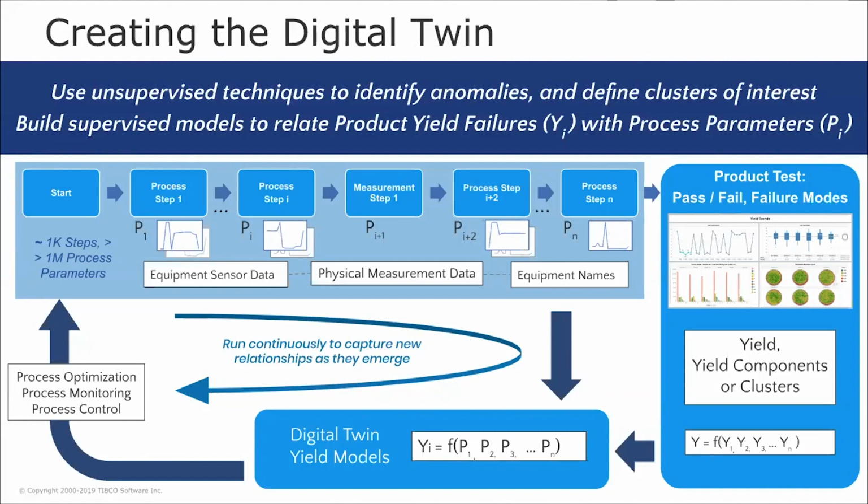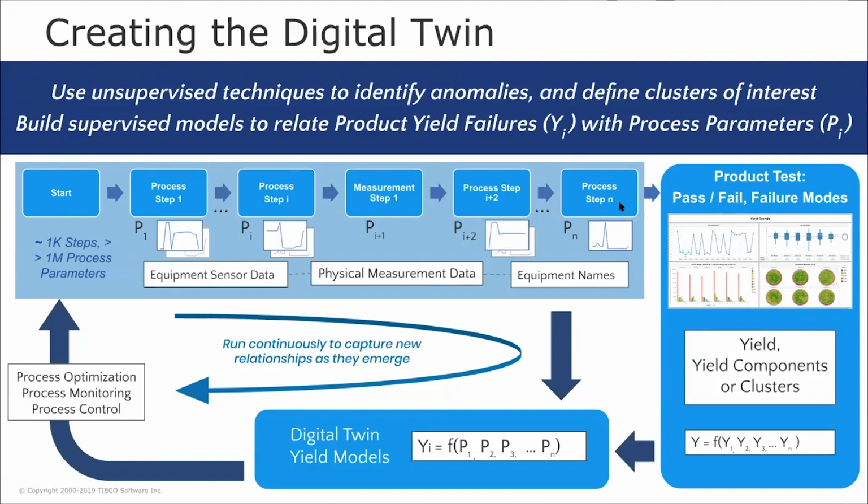And within each sensor, there may be thousands of time series measurements. So thousands of sensors, thousands of time series measurements, each of them interesting, right? Which point of which sensor is likely to be indicative of poor yield or good yield? That's really at the heart of what we're trying to do here.